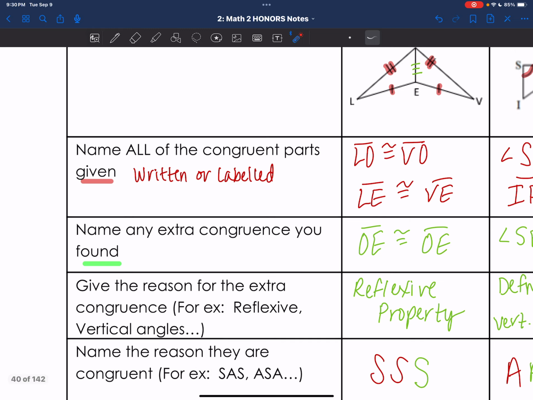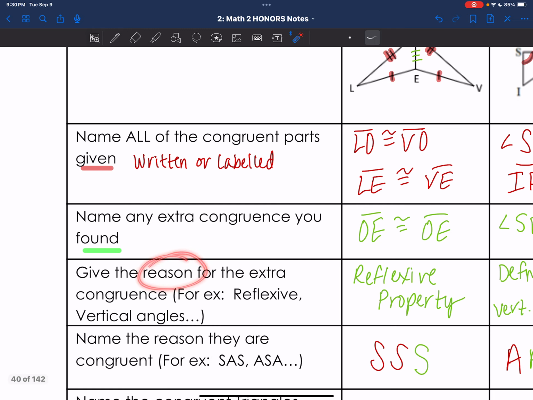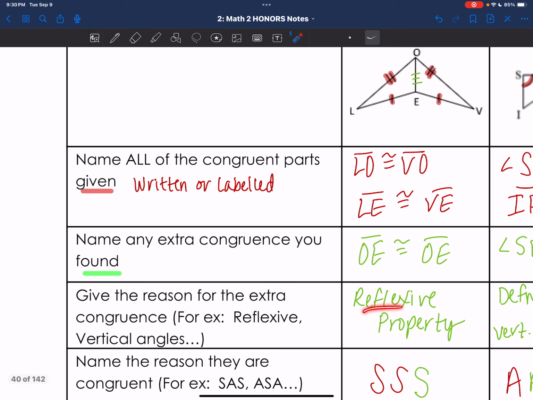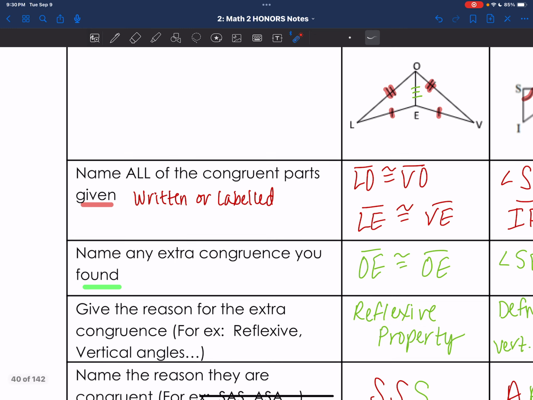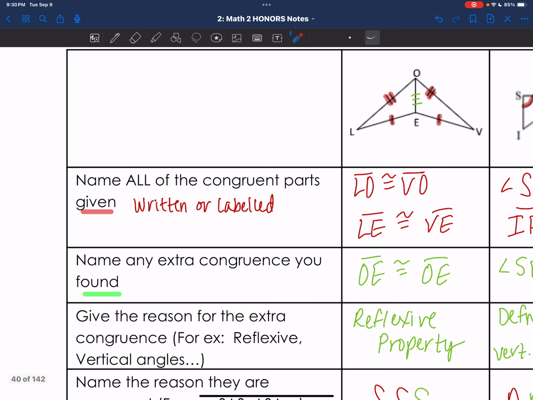And we know that the reason is the reflexive property, because it's congruent with itself.